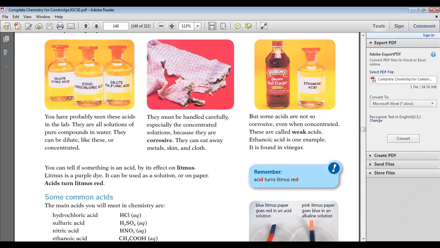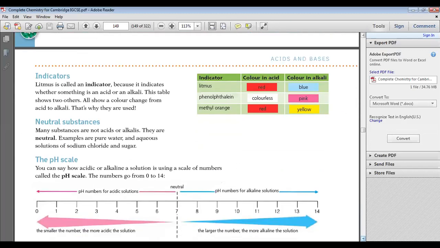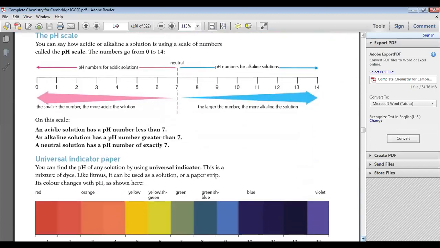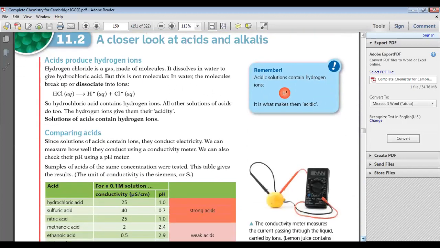They are very, very strong, and that's why they have the symbol. Sometimes one skull and two bones, and a hand which has the corrosive structure. Now these are the chemical symbols.